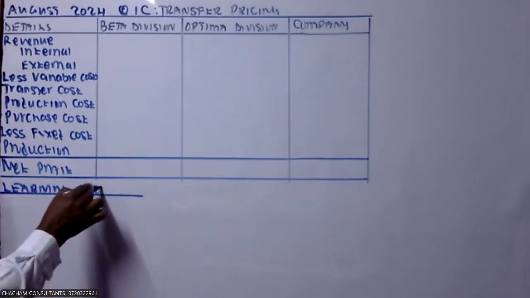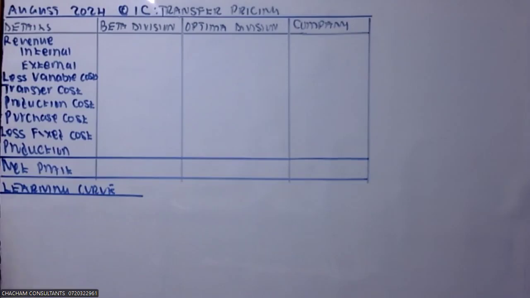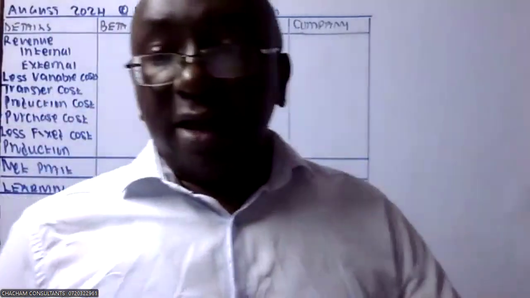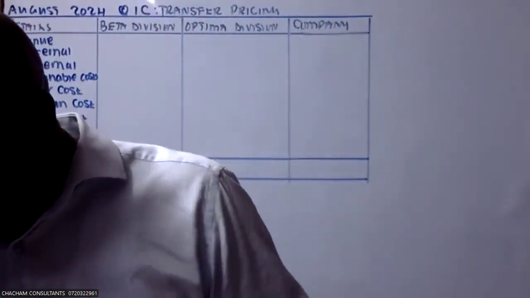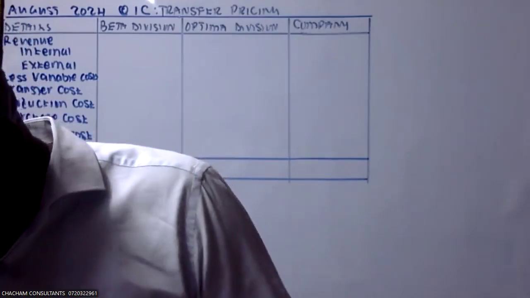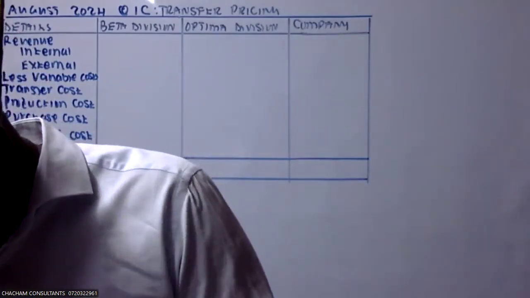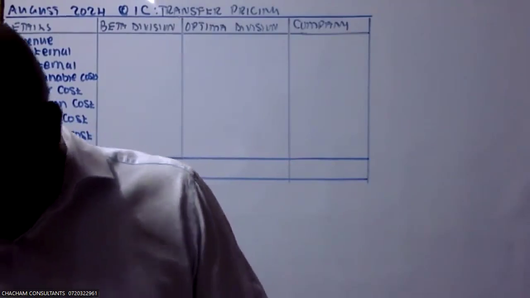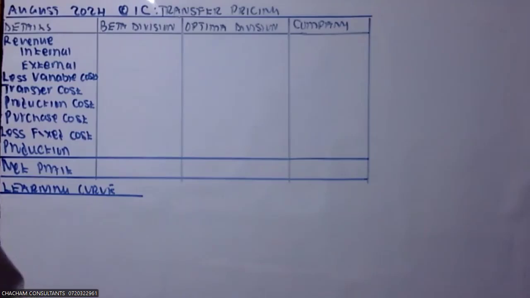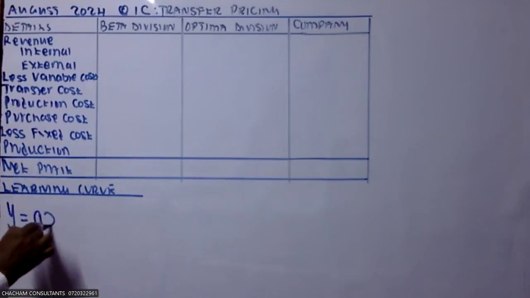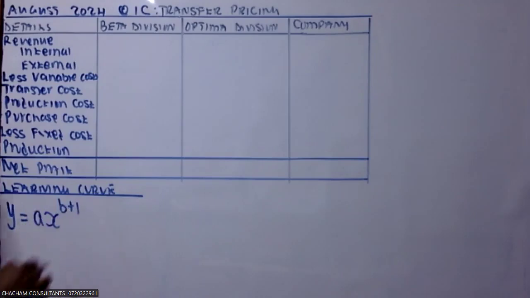Now, when we talk about the running curve, I told you the very first thing to mention should always be the formula. So the formula is y is equals to ax raised power b plus 1.